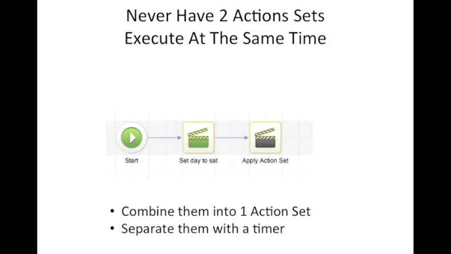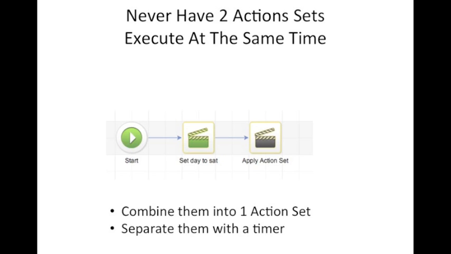But let me just mention, by the way, you should never have 2 action sets execute at the same time inside of a sequence. So in this picture here, I've got 2 action sets which are basically connected together. They look like they execute serially, but inside of a sequence, there is no guarantee with Infusionsoft that things connected together serially actually execute serially, and in fact, experience says that these execute roughly at the same time.